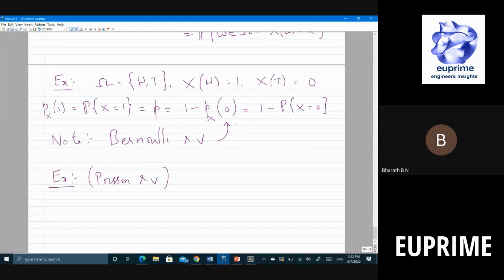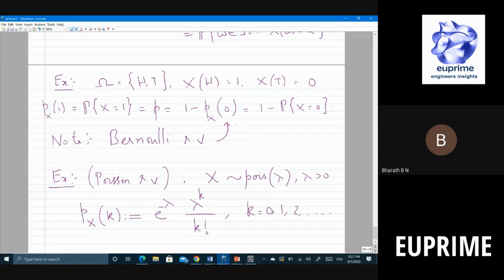So we say that X is Poisson with parameter lambda greater than 0 if the PMF, P_X(k), is defined as e to the power minus lambda, lambda to the power k, over k factorial. k can be 0, 1, 2, etc. It can go until infinity, right? Keep this in mind.